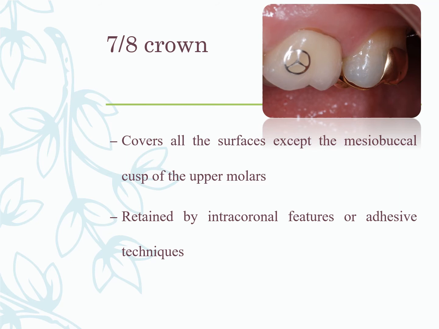The 7/8 crown usually is prepared on the maxillary molars, where the buccal surface of the crown, which is visible when the patient smiles, or I would rather specify, the mesiobuccal cusp and the mesiobuccal surface of the tooth, is unprepared.